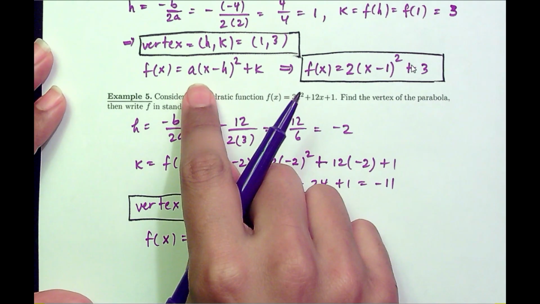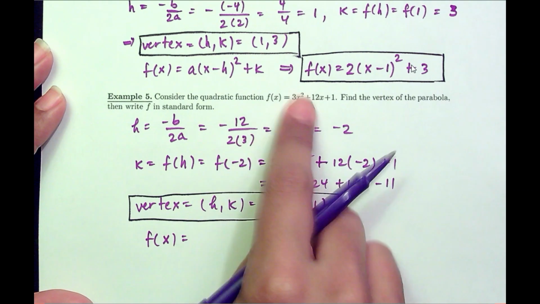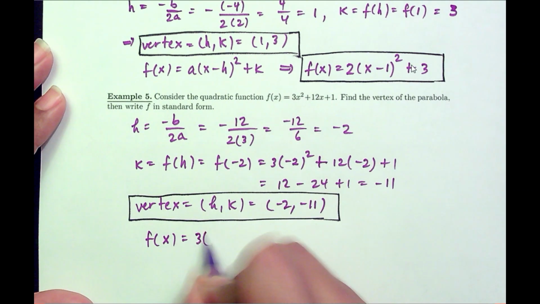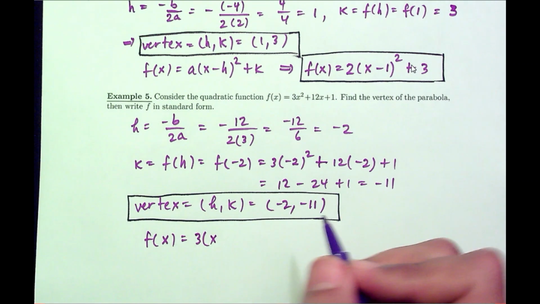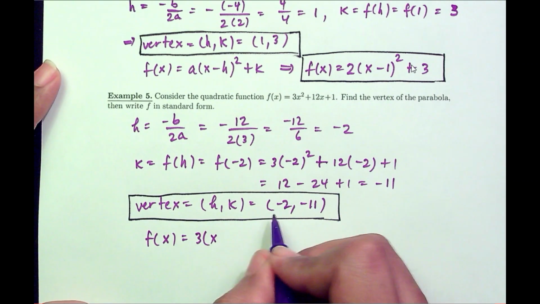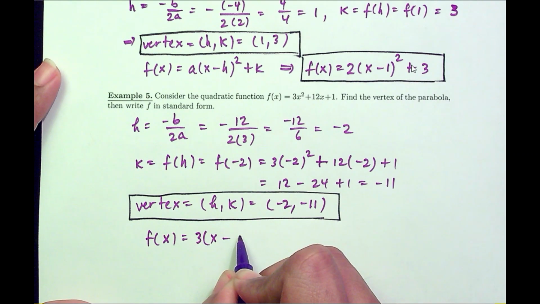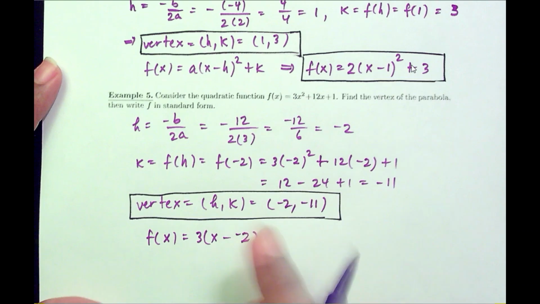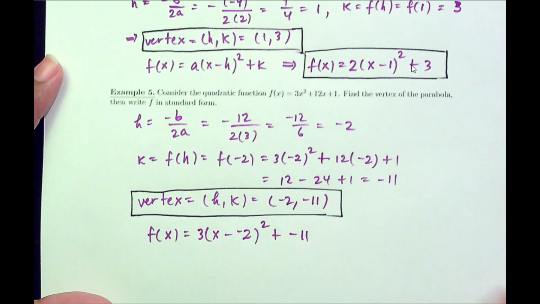This is going to be a, which is 3, x minus h, which h is negative 2, so x minus negative 2, squared, plus k.